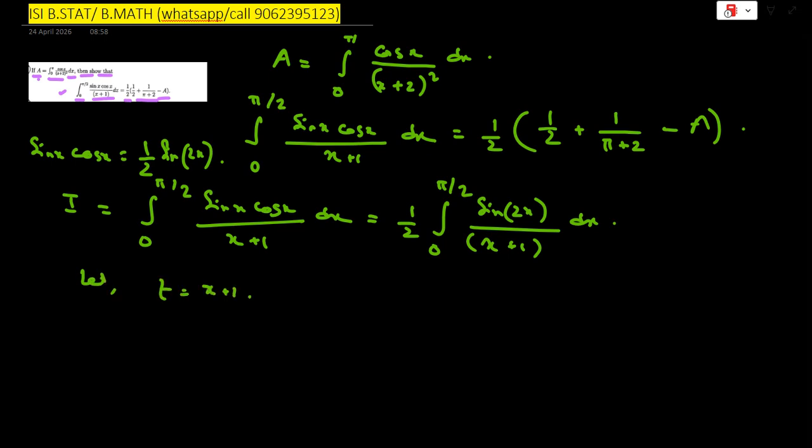Then when x equals 0, t equals 1, and when x equals pi by 2, t is what? 1 plus pi by 2.